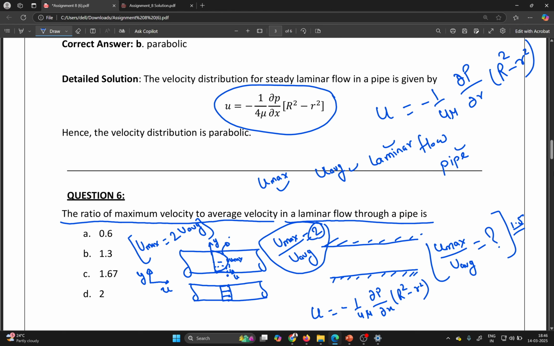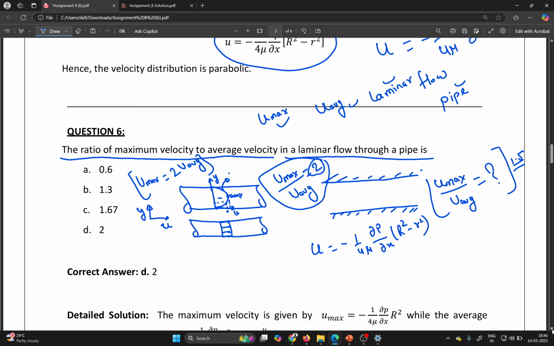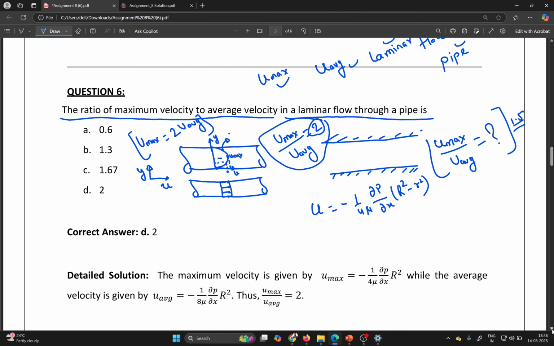From here you can calculate U maximum. R is the radius, in this direction. If small r is 0, what will happen? You will get the maximum velocity. Means U is equal to U max at r equal to 0, which is 1 by 4 mu del P by del X. Small r square will be 0, so only capital R square will remain. You can see it here.